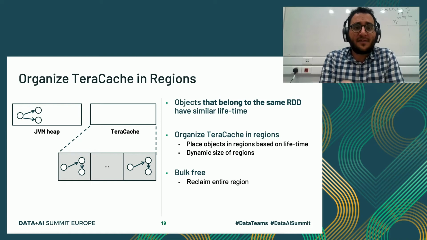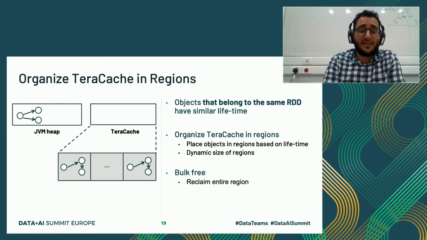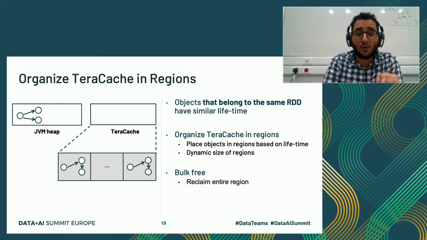But we said in our analysis that the objects that belong to an RDD have the same lifetime. So we exploit this, and objects that belong to the same RDD, which have similar lifetime, we select to locate in the same region.